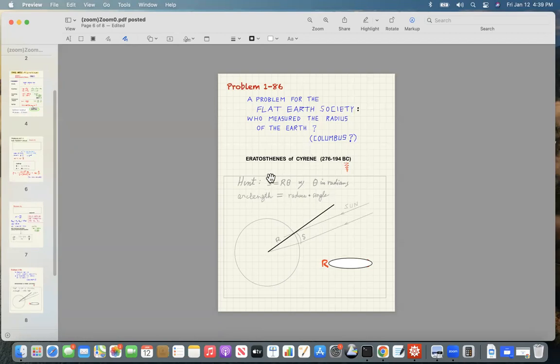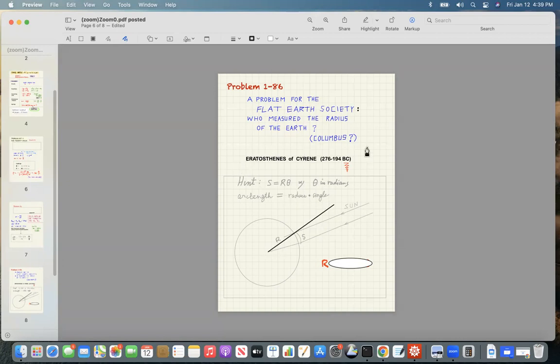Now, how did he do it? Well, he did it by looking at the position of the sun at noon at two different points on the Earth.